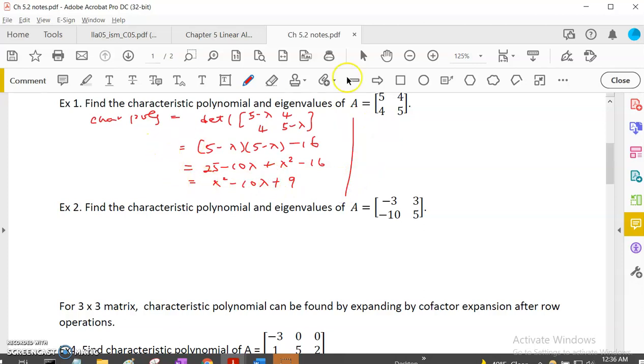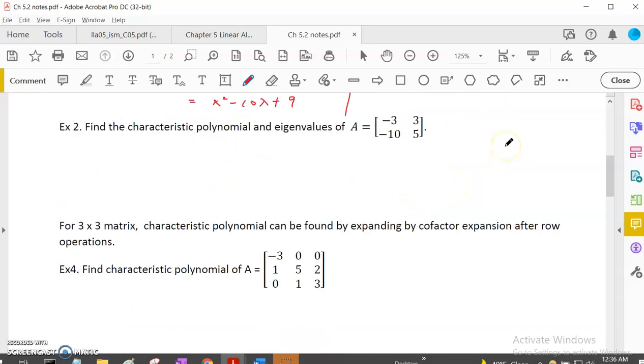This is the characteristic polynomial. The equation says this works if the determinant is 0. You can factor it: lambda minus 9, lambda minus 1 equal to 0, so lambda equals 9 and lambda equals 1. So we have two eigenvalues, 1 and 9.